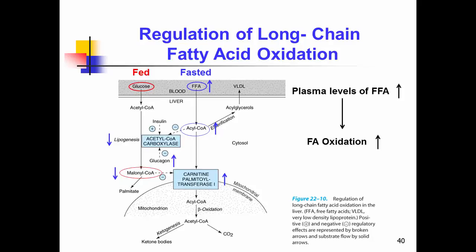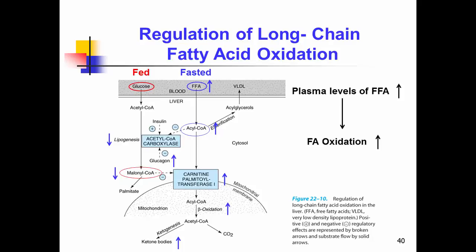So this is again the key enzyme that can then transport a lot of fatty acids into the mitochondria for beta oxidation, right, and generate a lot of acetyl-CoA, and that will lead to production of ketone bodies, right?